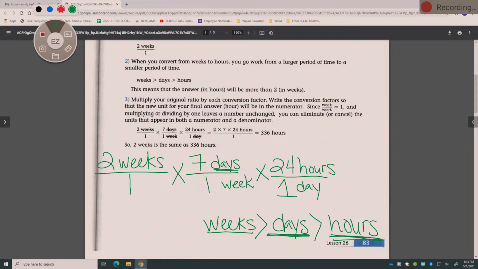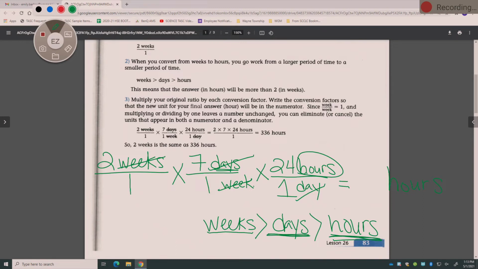And so if I've created this chain correctly, I can cancel out units that are across from each other. So this weeks gets canceled out by this week, and this days gets canceled out by this day. So I'm left with hours, which is what I want.